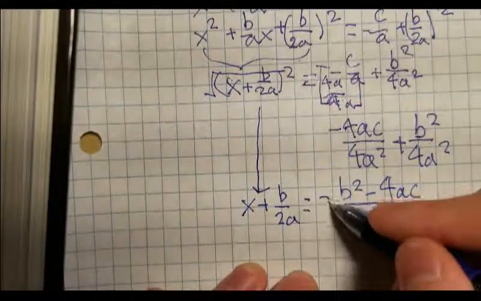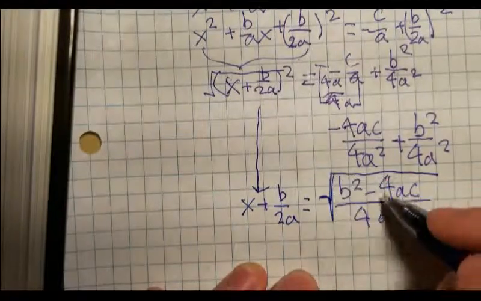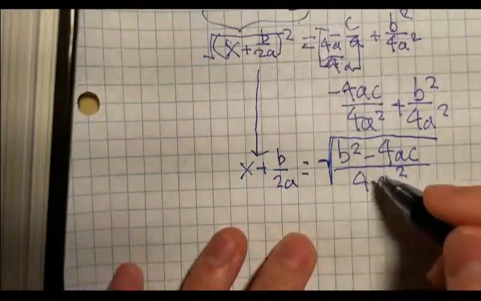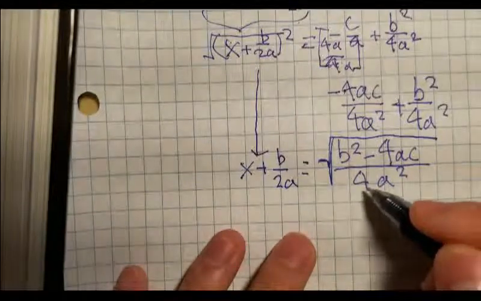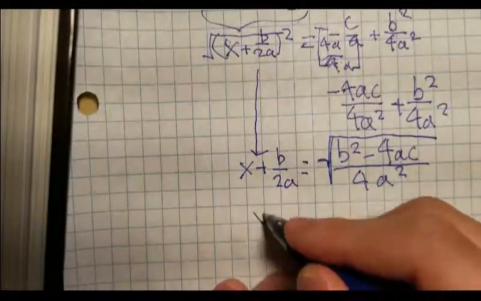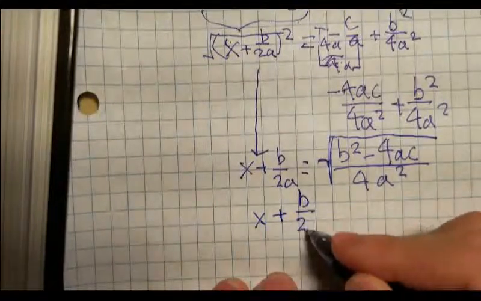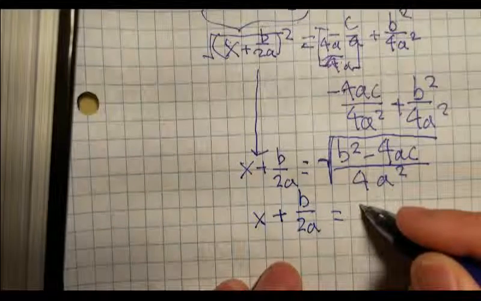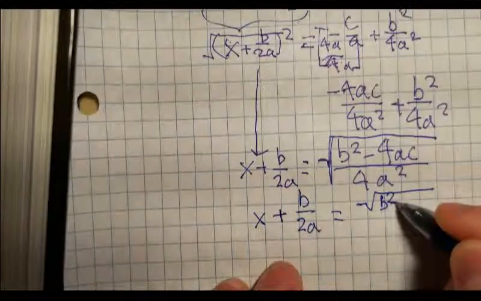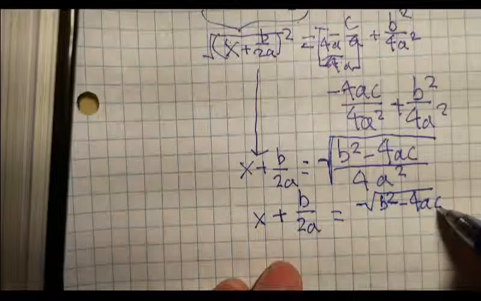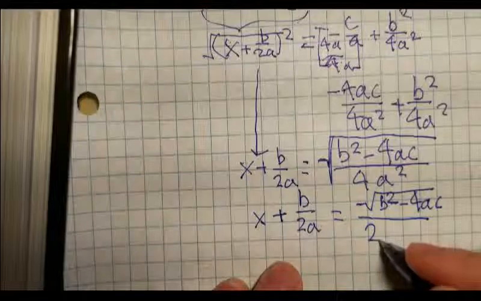The square root of the other side is this, and this down here, as it so happens, is also a perfect square. So we can simplify this even further to say x plus b over 2a equals square root of b squared minus 4ac, and the square root of the denominator is 2a.